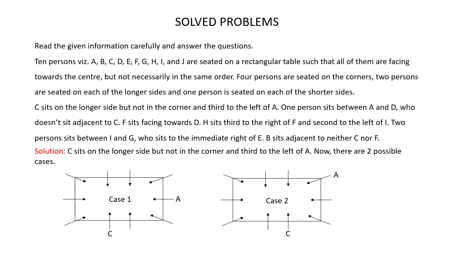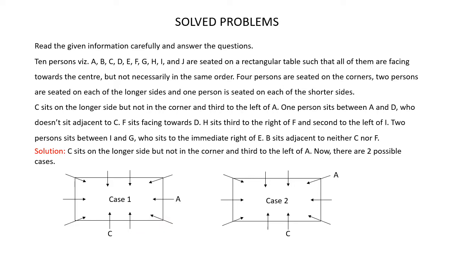Now it's given C sits third to the left of A. So only if this is the position for A, then C can sit third to the left of A. So mark A here such that third to the left of A will be C in case 1.